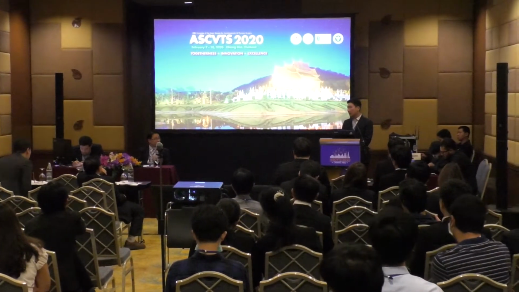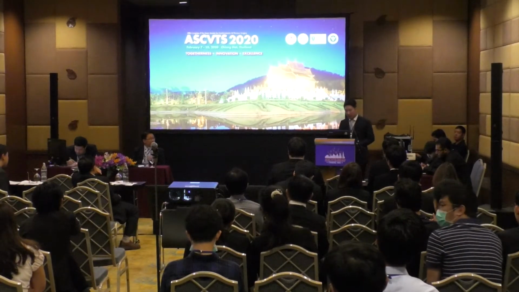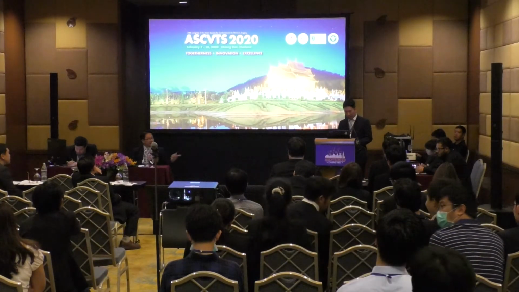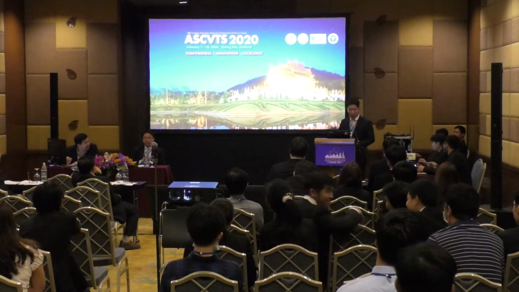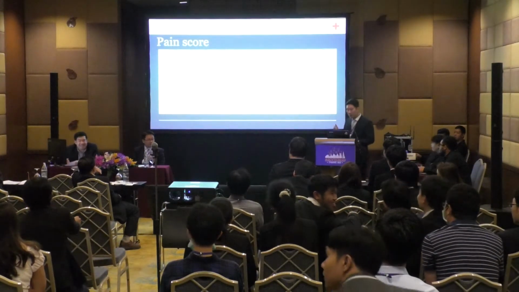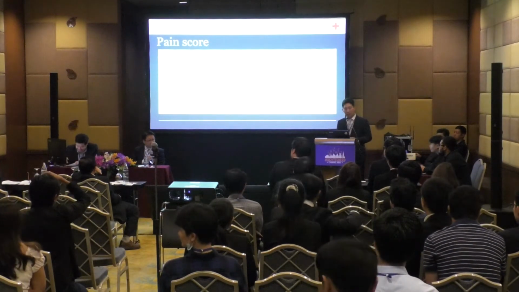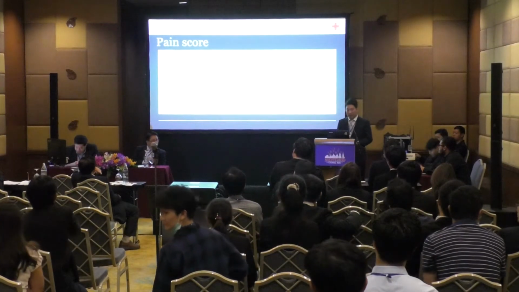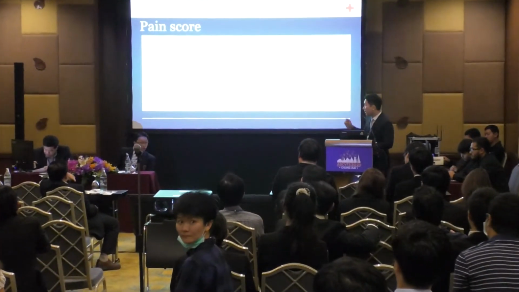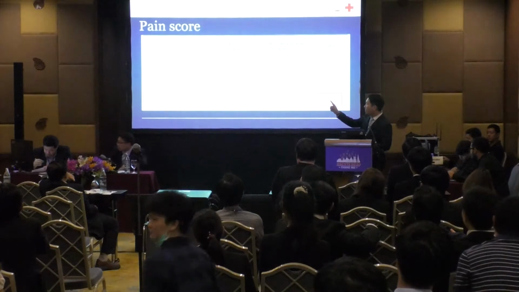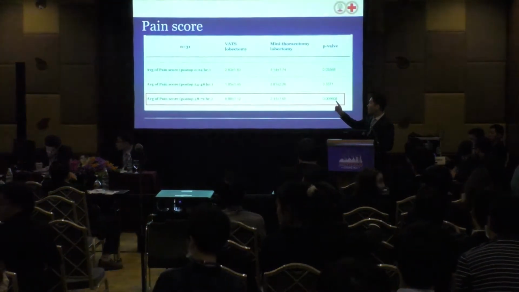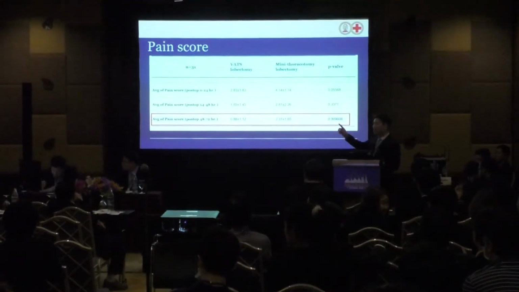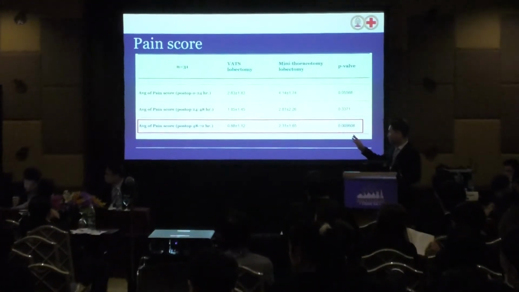As you mentioned that pain can affect the outcome, did you measure the pain score in both groups? Can you show the slide? Additional data collected from the patients is the pain score. The first row is the first day pain score, the second row is the second day, and the third row is the third day.